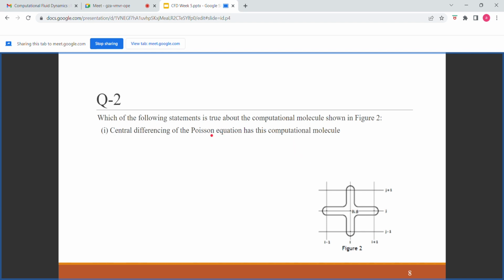Differencing of the Poisson equation has this computational molecule. Central differencing of the Laplace equation has this computational molecule.